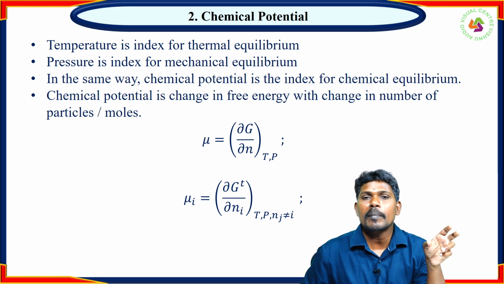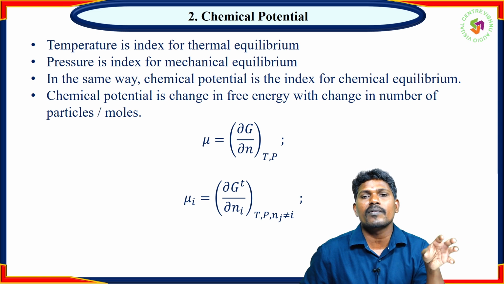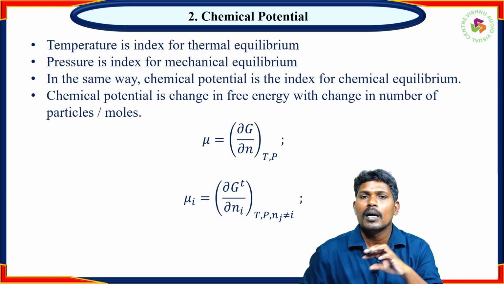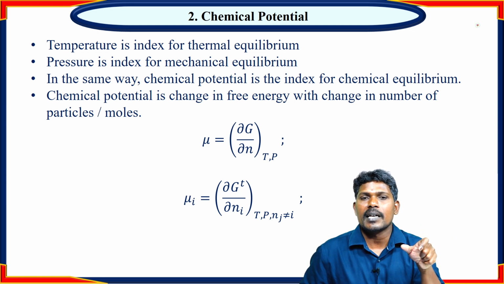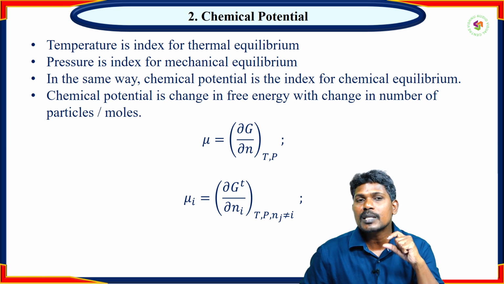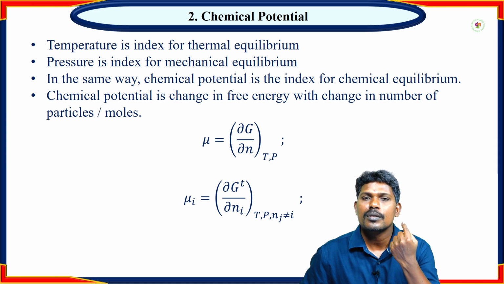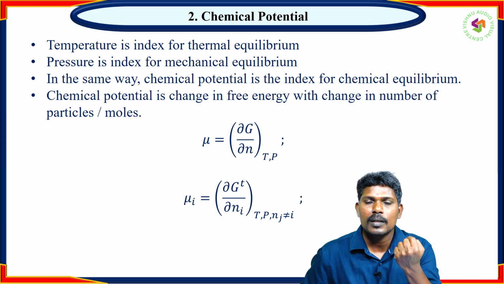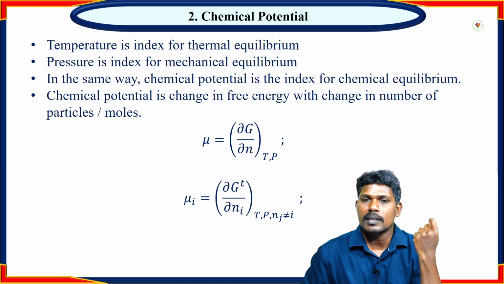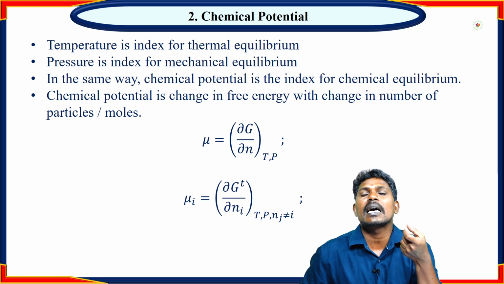If any chemical reaction is there, the reactants are converting into the products. We say this reaction is in chemical equilibrium when the reactants' chemical potential and the products' chemical potential both reach the same value. So the chemical potential is the index.